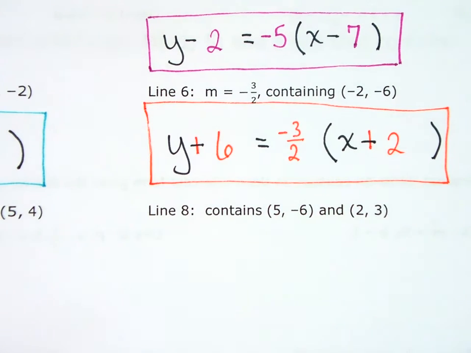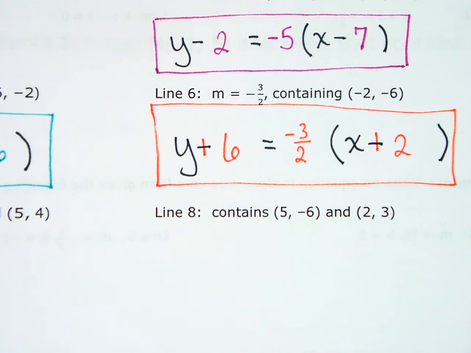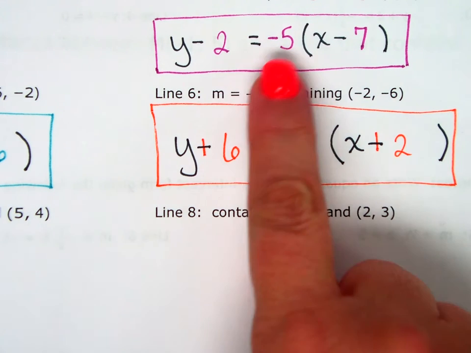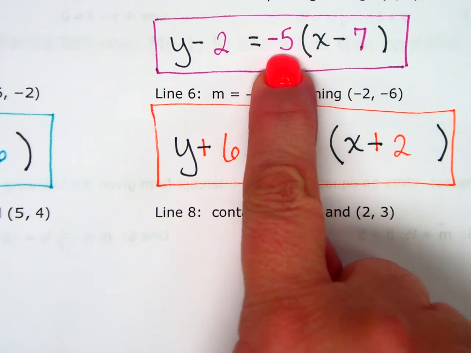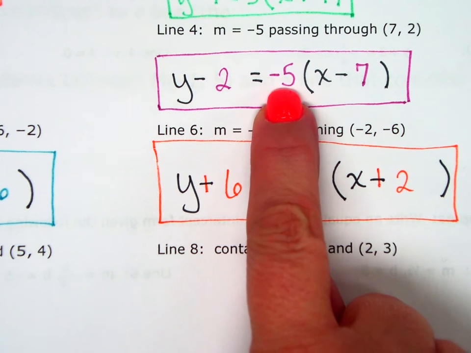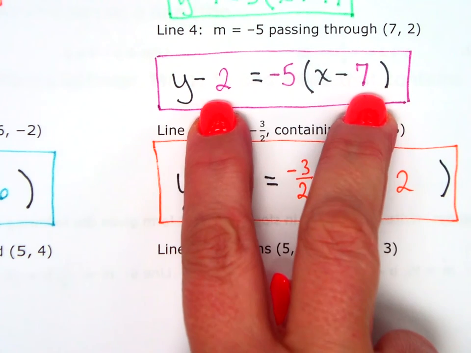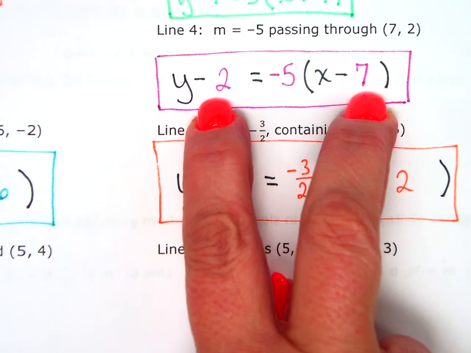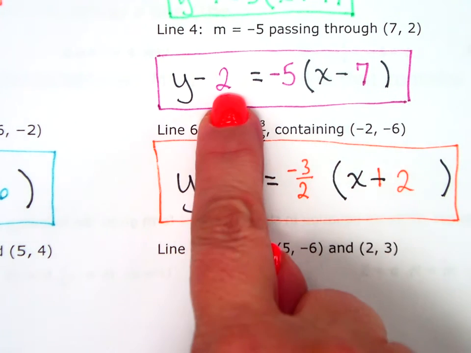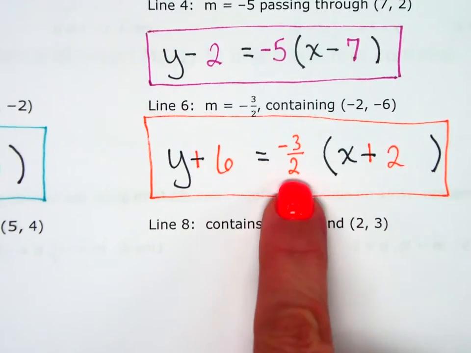So these are called the point-slope form of the equation because when I look back at the equation, I can see what the slope was. I know when I look at this equation up here, line 4, I know its slope is -5, and I can see a point that the line passes through. It passes through the opposite signs. It passes through 7, 2.